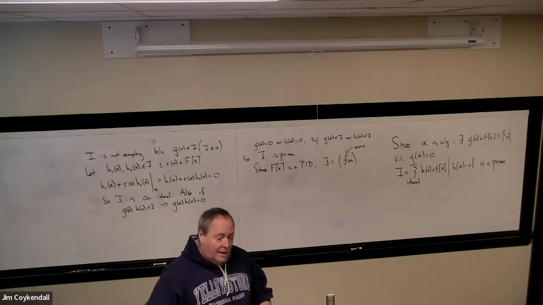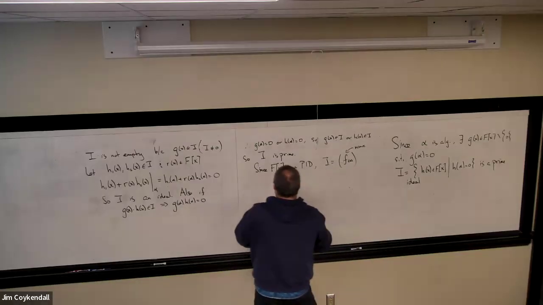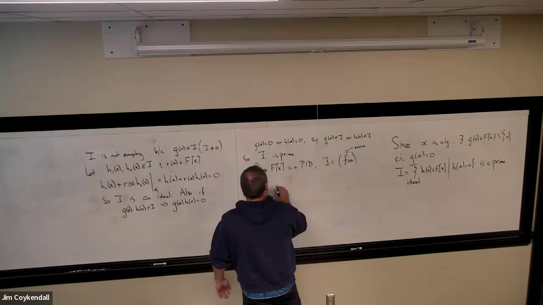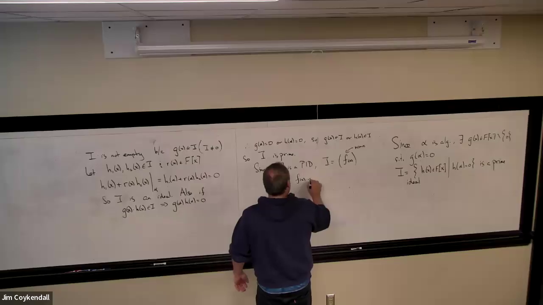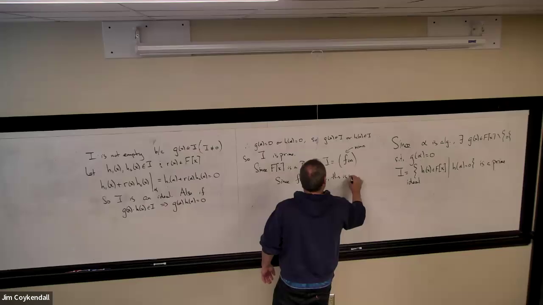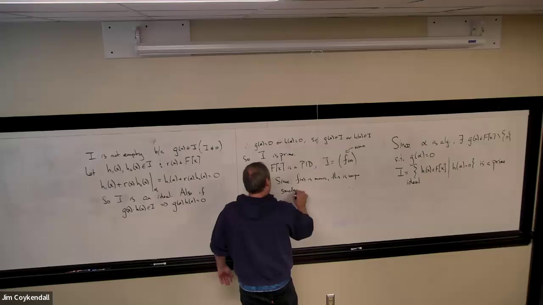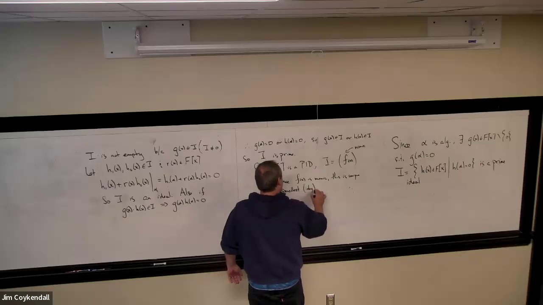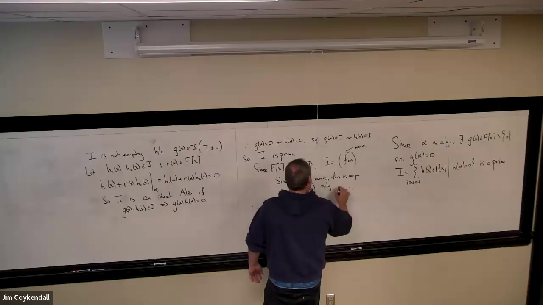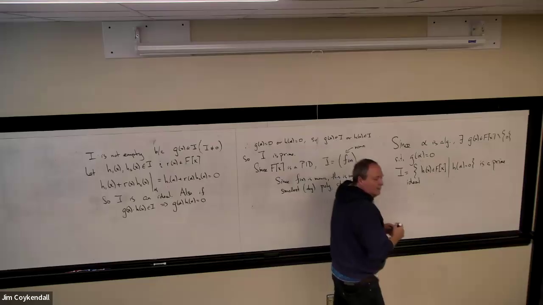So in particular, since f(x) is monic, this is the unique smallest with respect to degree polynomial such that f(alpha) is 0.